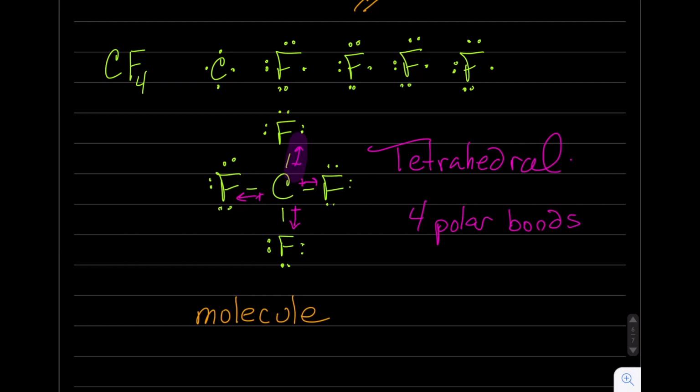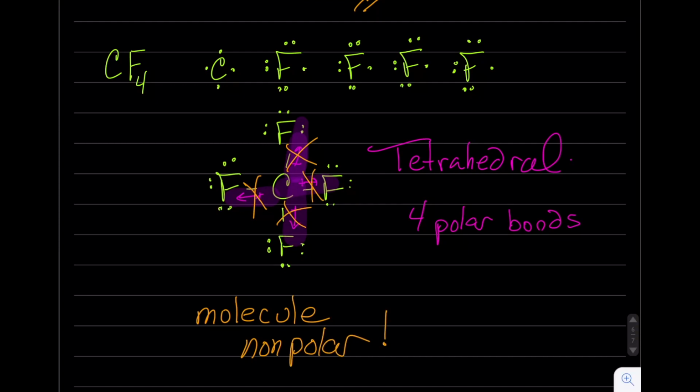Okay, if you look at this right here versus that right there, our dipoles are pulling in equal and opposite directions, which means they basically cancel out. And the same thing going across. That means that even though we have a molecule made up of 4 polar bonds, our molecule is non-polar.